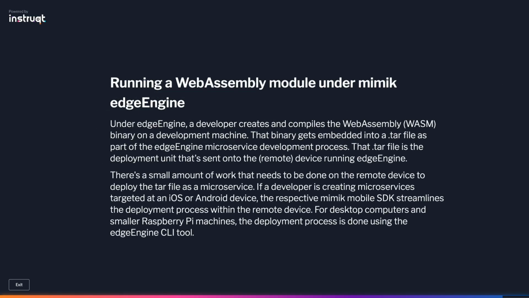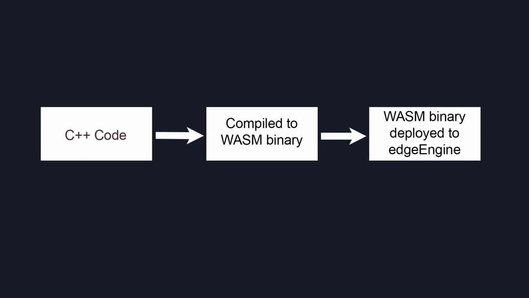Under edgeEngine, a developer creates and compiles the WebAssembly binary on a development machine. That binary gets embedded into a tar file as part of the edgeEngine microservice development process. That tar file is the deployment unit that's sent out to the remote device or the desktop device running edgeEngine.